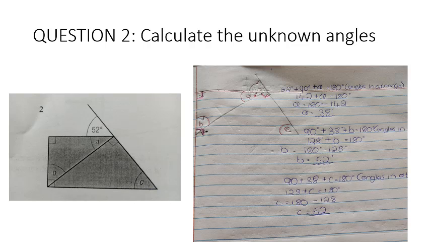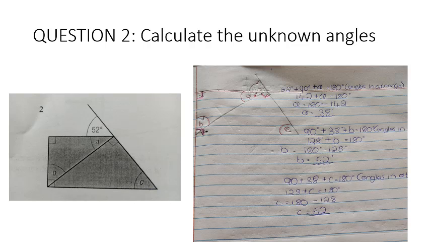Now we know the size of angle B. Have you seen where B is? The whole angle, including that angle which is not labeled, is a right angle. So for us to find that angle, we are going to subtract 52 degrees from 90 degrees. So the answer is 38 degrees.